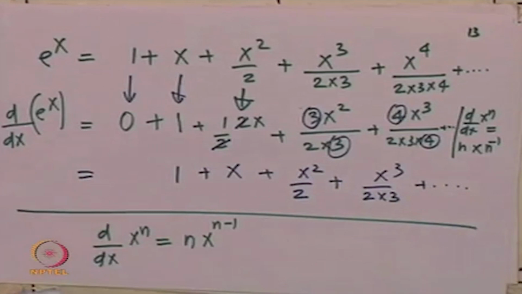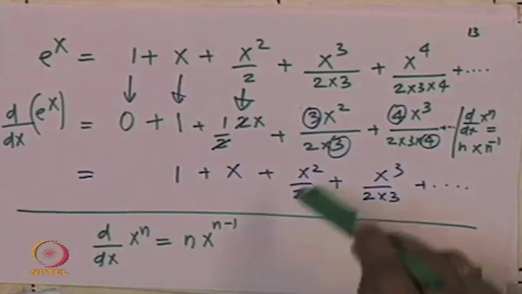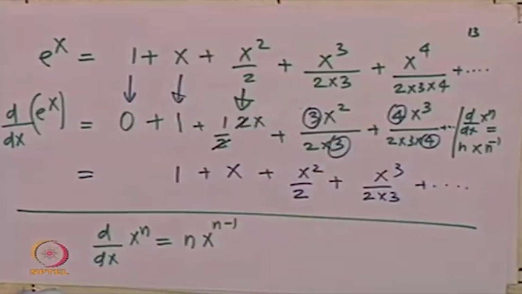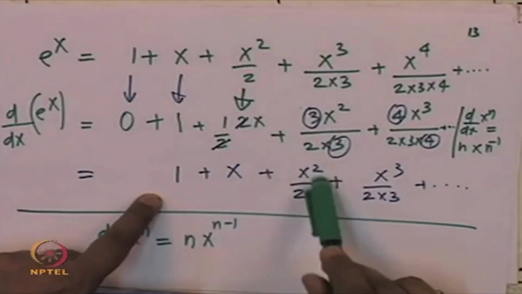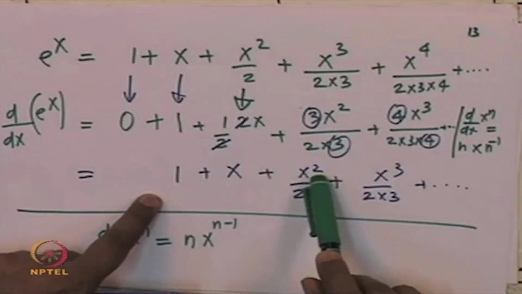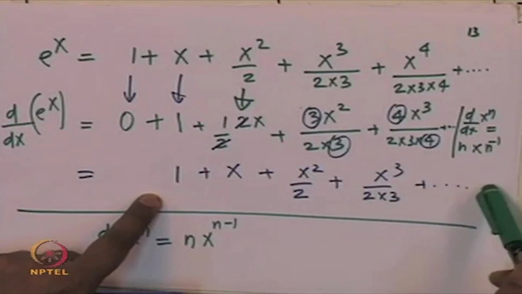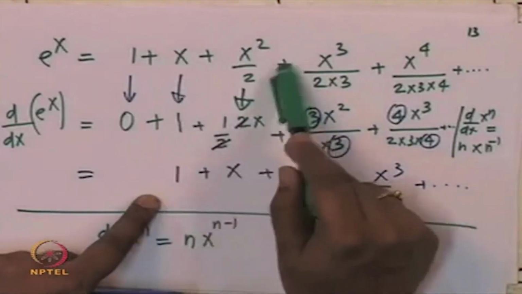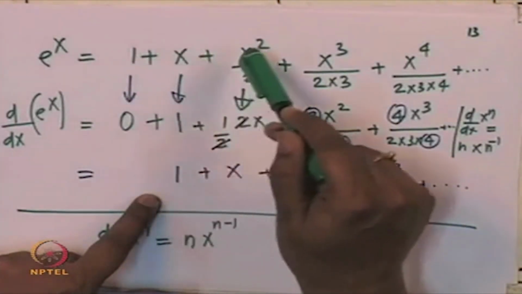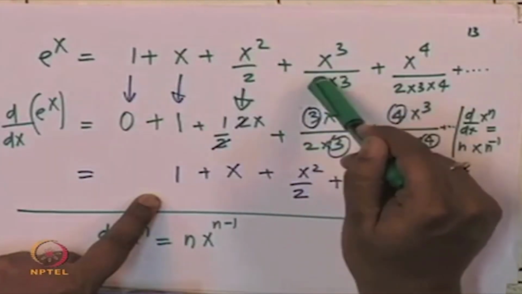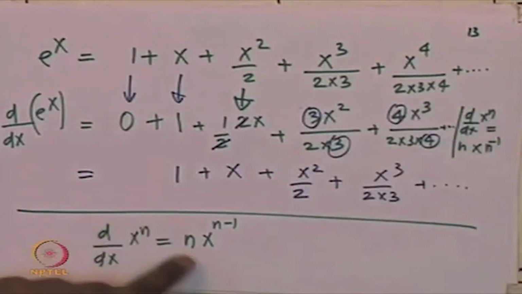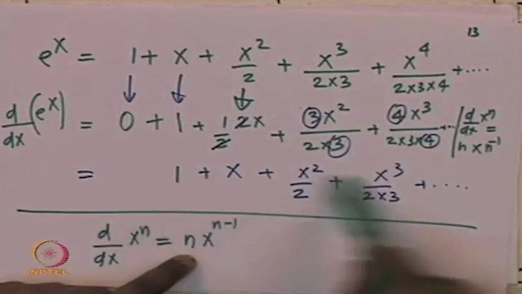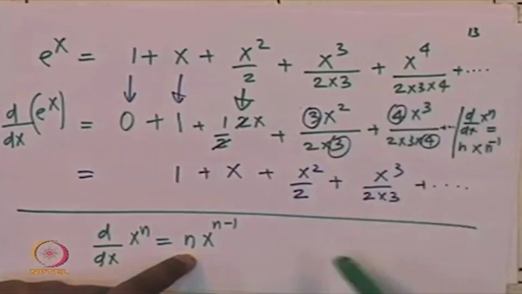So, what did we get finally? Let us compare what we got here and what we had here. We got 1 plus x plus x square by 2 plus x cube by 2 into 3 and so on. And what do we have here? 1 plus x plus x square by 2 plus x cube by 2 into 3 and so on. This and this are exactly the same.